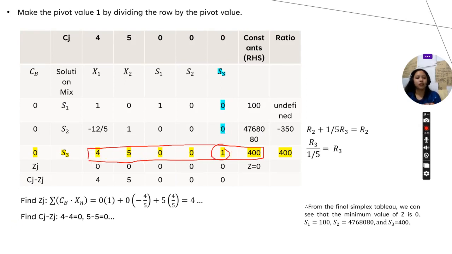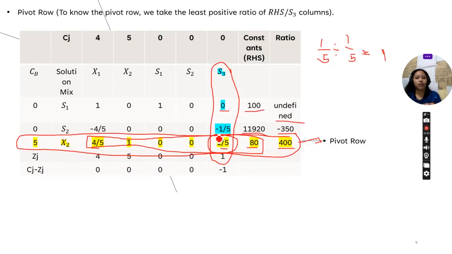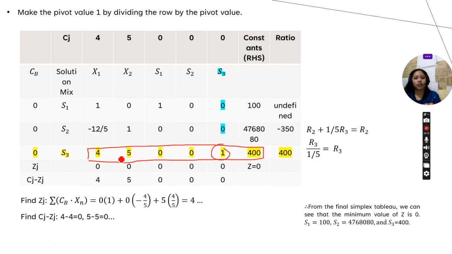The next step is to make this value 0. To make that 0, let's multiply it by the row 3 here.